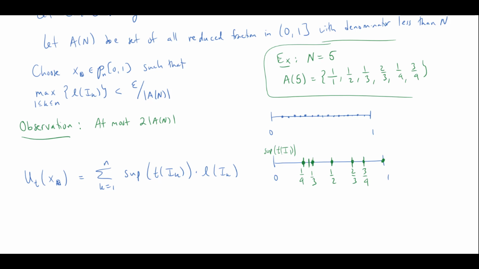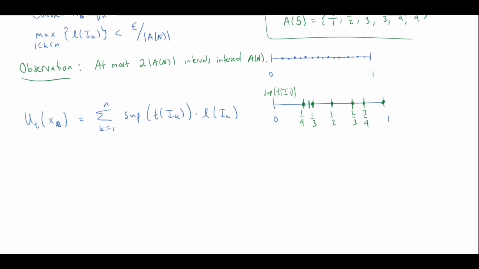So at most 2 times the cardinality of A of n intervals can contain points from A of n, meaning they intersect A of n. And that's going to help us when we break this down a little bit further to put some upper bound estimates on how big this upper sum can be.